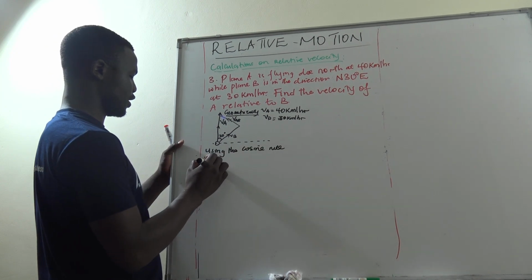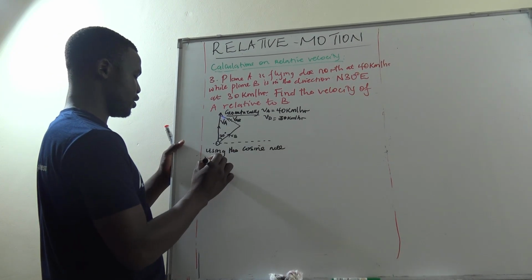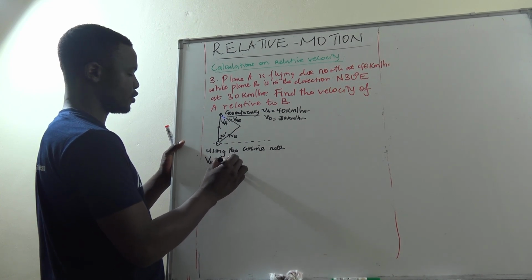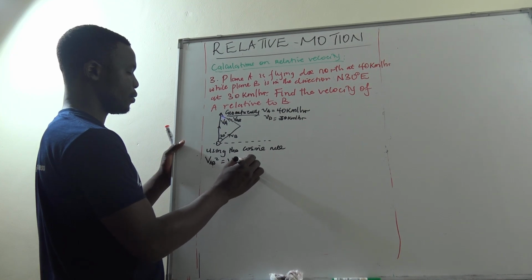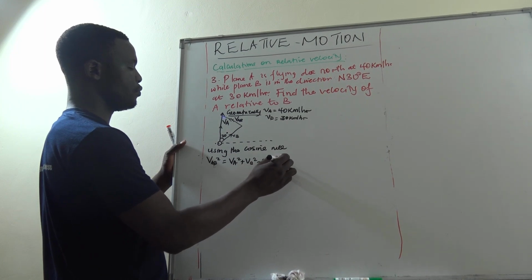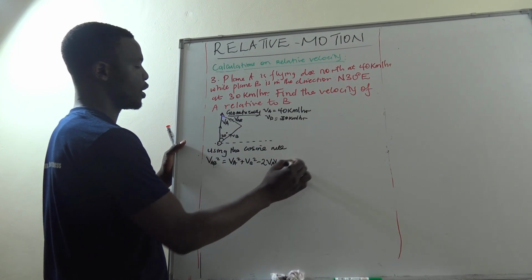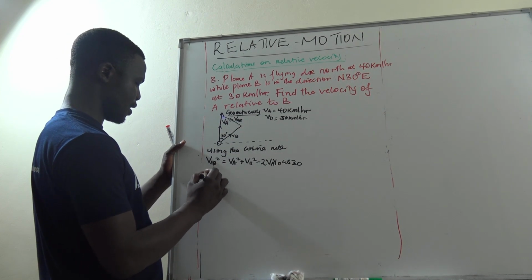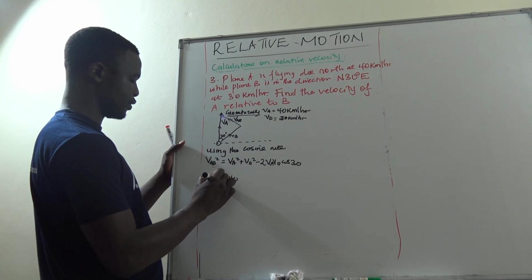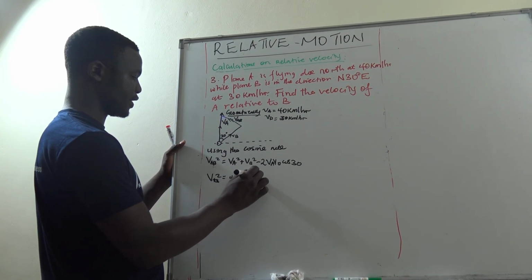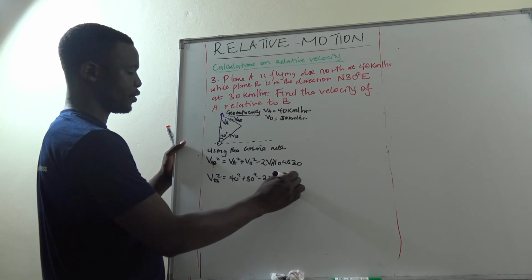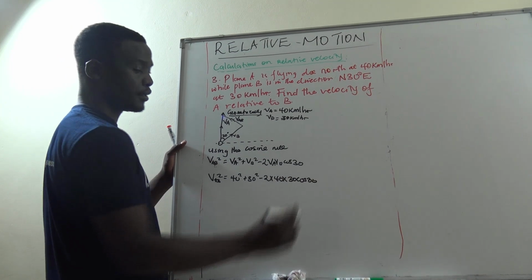Using the cosine rule, VAB squared is equal to VA squared plus VB squared minus 2 VA VB cos 30. Substituting, this is 40 squared plus 30 squared minus 2 times 40 times 30 cos 30.